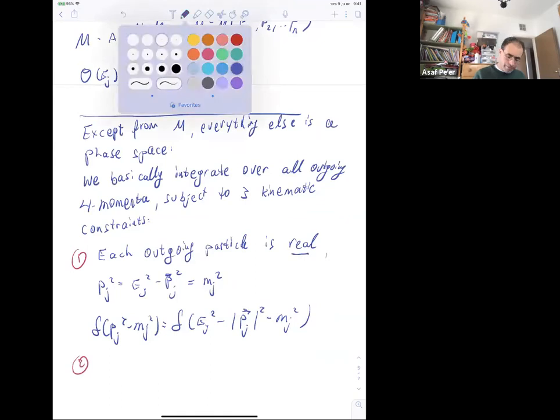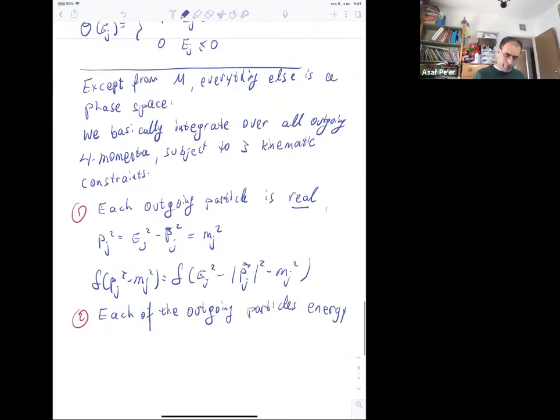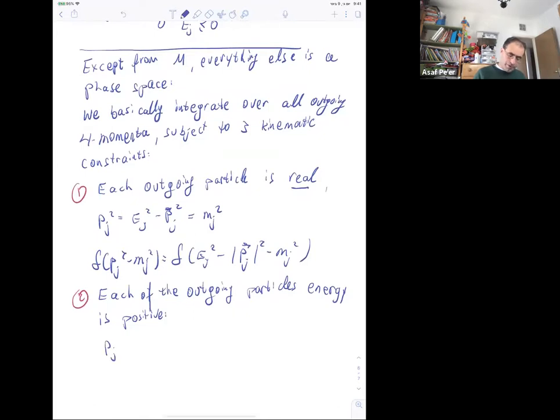Each of the outgoing particles' energy is positive. Pj0, which is Ej, must be greater than 0.